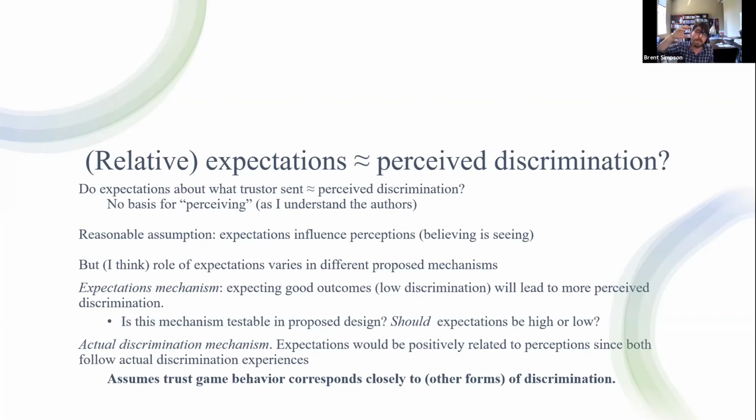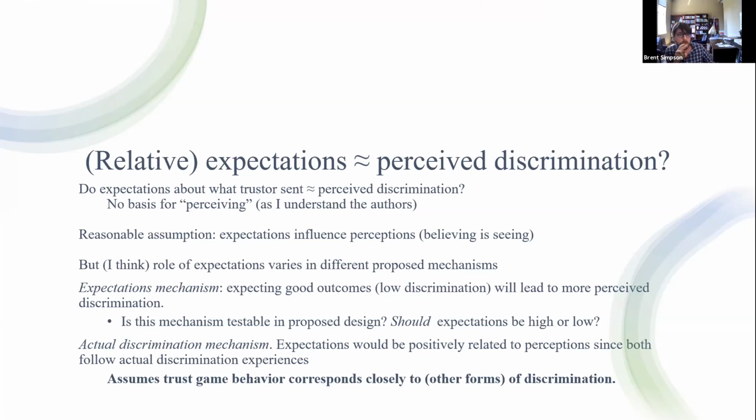Or should their expectations be low based on a history of mistreatment, so they come into the study with low expectations? That could be fleshed out in thinking about how this mechanism can be tested, and whether the hypothesis is clearly falsifiable in this particular design.